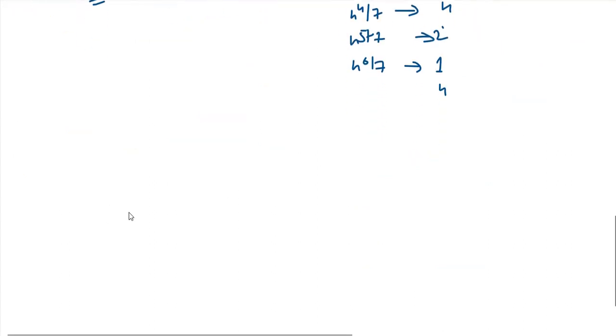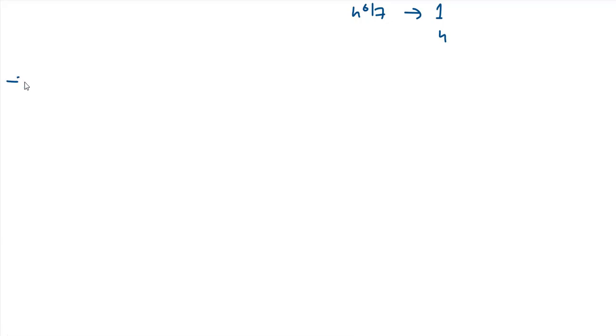Another method for solving this type of problem is by using Euler's totient method. So what is Euler's totient? A number of the form m raised to Euler's totient of n, when divided by n, the remainder will be equal to 1. So first of all, understand what Euler's totient is.